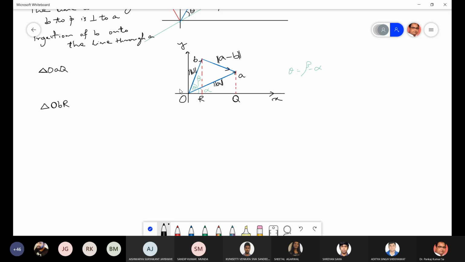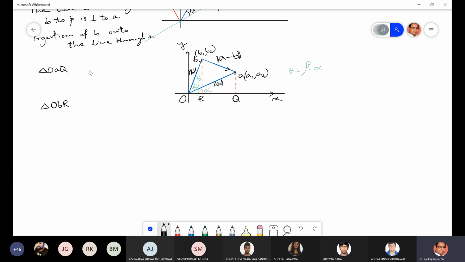Let me also write the coordinates of A in the two-dimensional plane: A1, A2, and B is equal to B1, B2. X value is A1, Y value is A2; B1, B2 respectively.